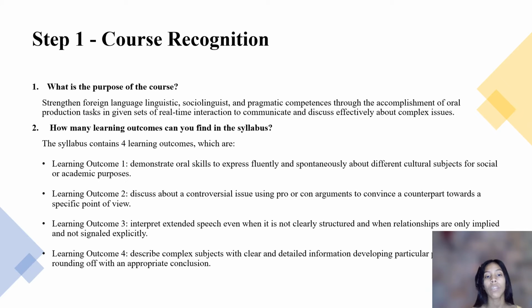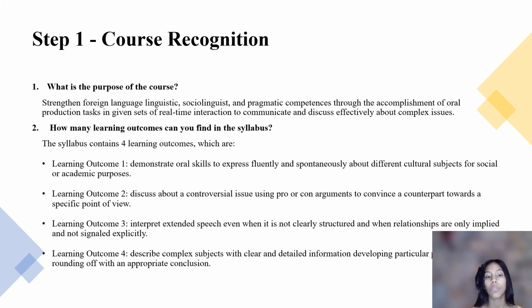How many learning outcomes can you find in the syllabus? The syllabus contains 4 learning outcomes, which are Learning Outcome 1, demonstrate oral skills to express fluently and spontaneously about different cultural topics, such as for social or academic purposes.